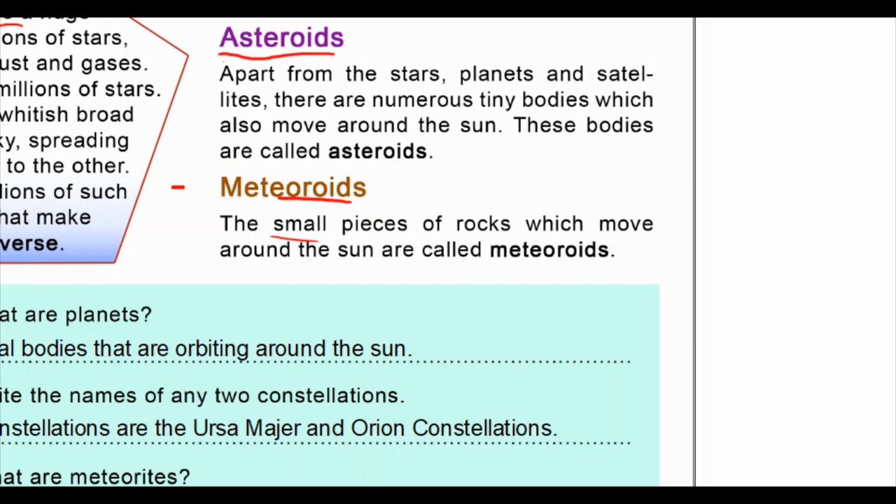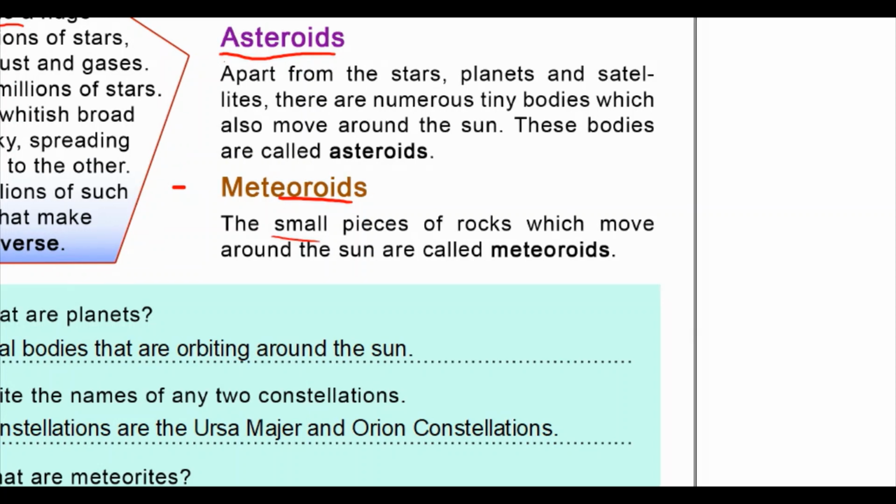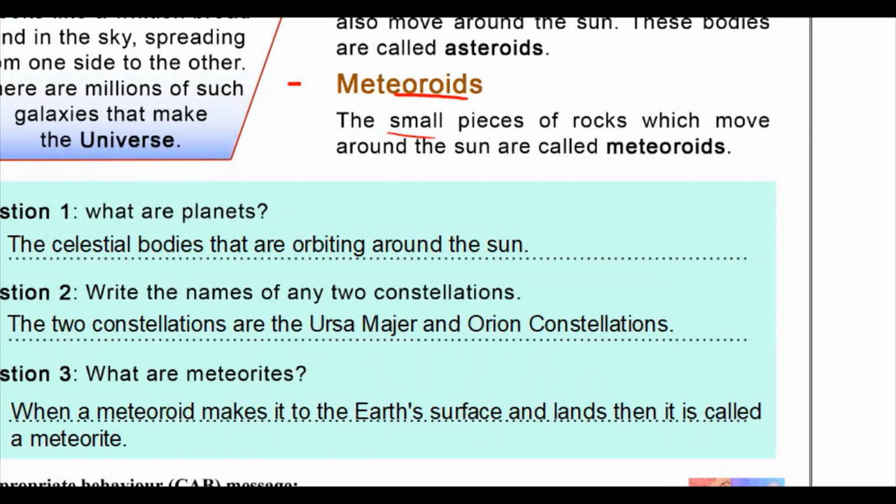So these meteoroids are the small pieces of rocks which move around the sun, and when many asteroids combine together they form meteoroids, and these meteoroids try to hit the surface of the earth, but there is so much heat that some of them burn while traveling from space to the earth's surface, and that is the reason they are not able to touch the surface, because they burn in the air itself. So how will they be able to reach the surface of this planet?